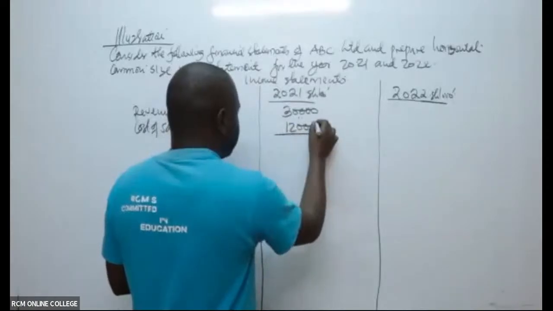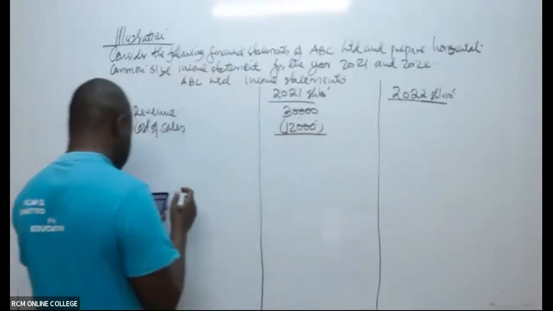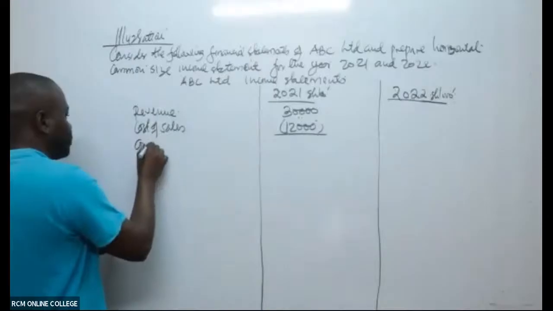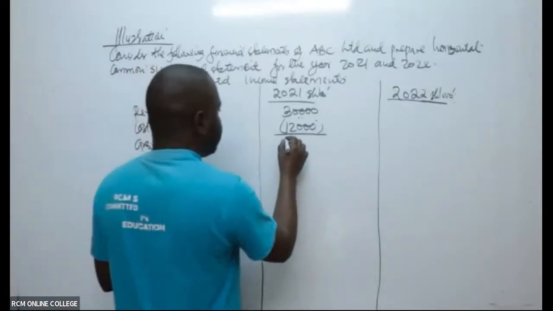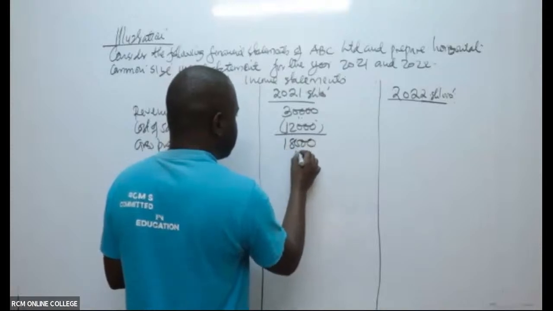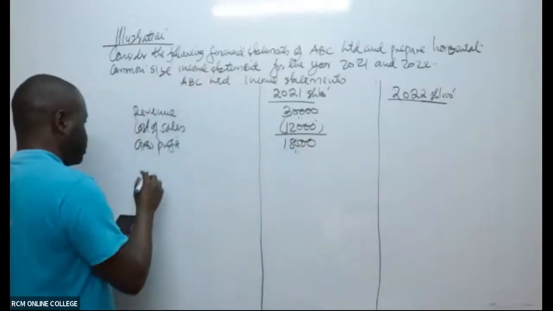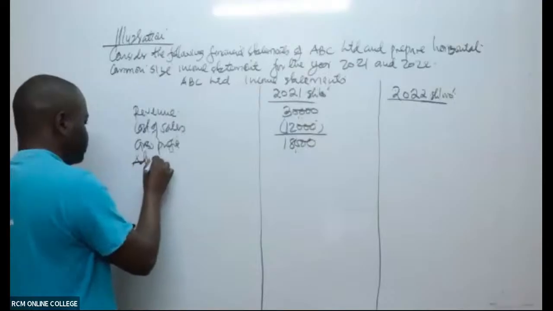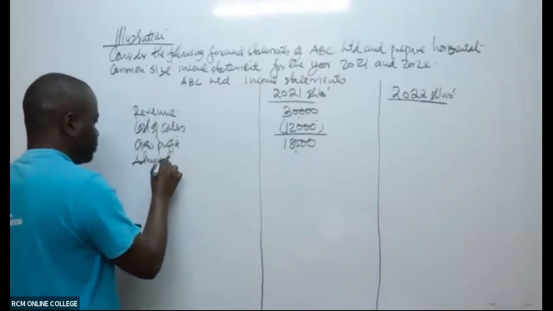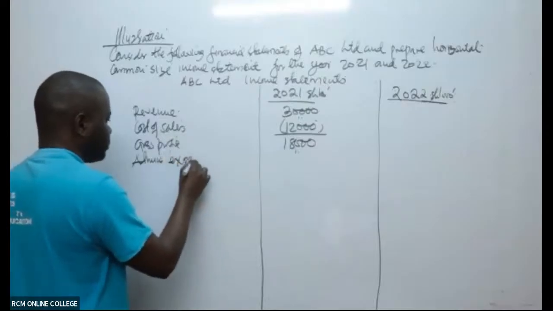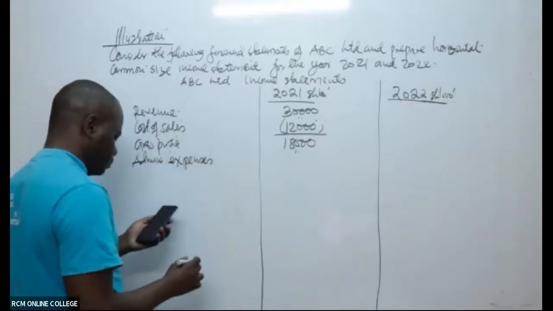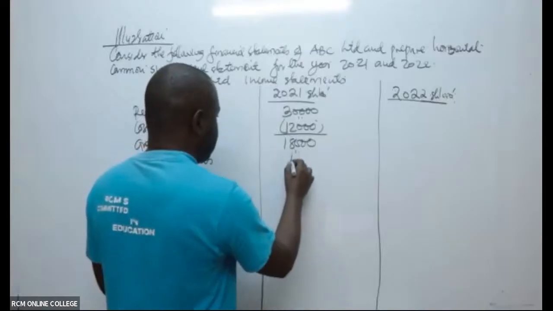So that gives you gross profit of 18 million. Administration expenses of 1.5 million.